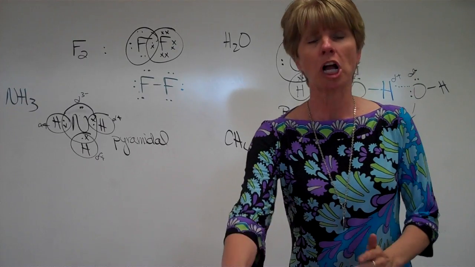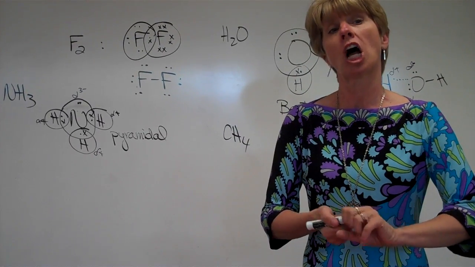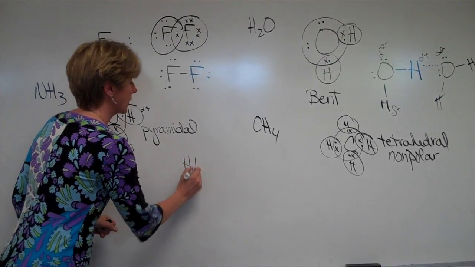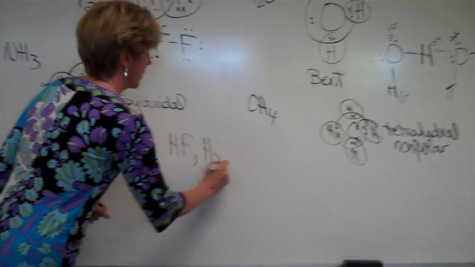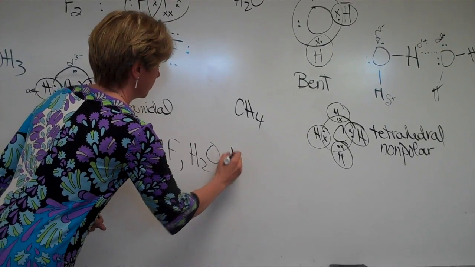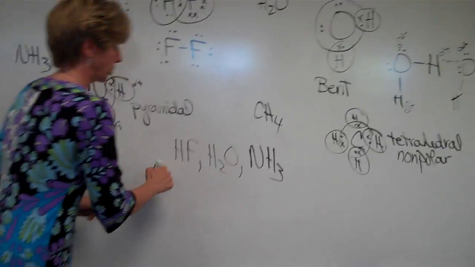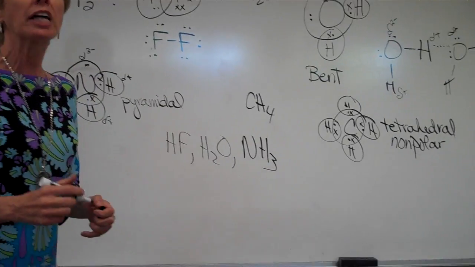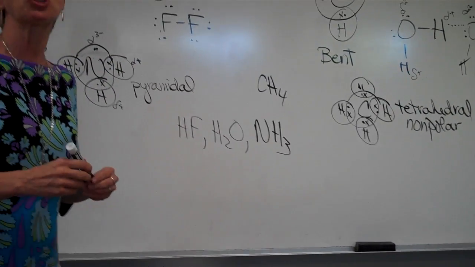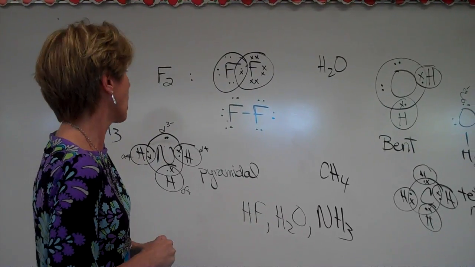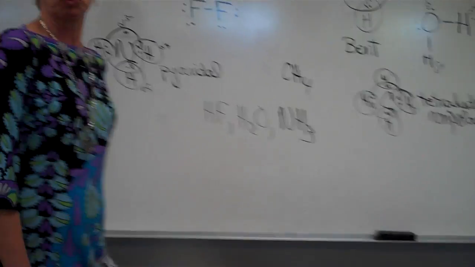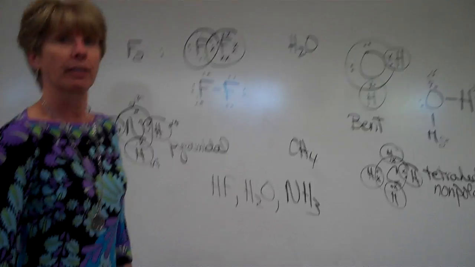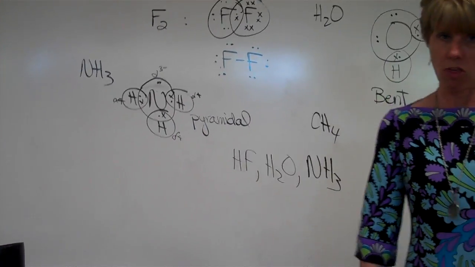But there's a special kind of dipole-dipole attraction called hydrogen bonding. And hydrogen bonding occurs in these 3 molecules: hydrogen fluoride, water, and ammonia. The attraction in hydrogen bonding is much stronger than that for London dispersion forces, which is between 2 nonpolar particles. The end.